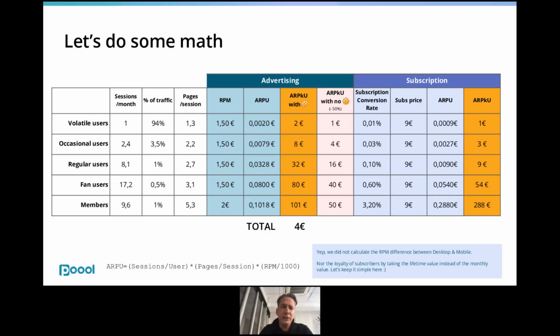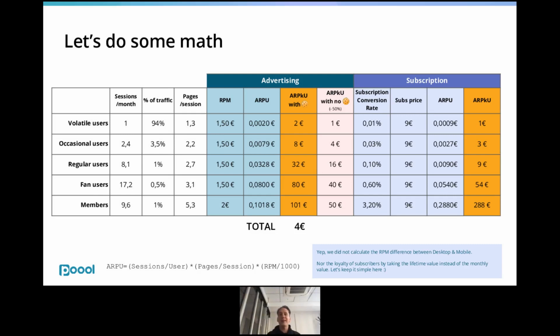In the exercise, let's imagine that the revenue per 1,000 pages is 1.5 euro. That would be the same for all the anonymous audience: volatile, occasional, regulars, and fans. But it would be higher for members because you command higher CPMs thanks to first-party data. So let's say 2 euros. You've got two buckets, anonymous at 1.5 RPM, members at 2 euros.